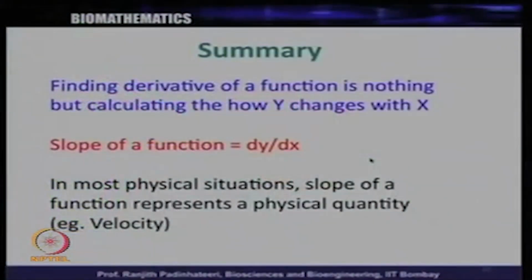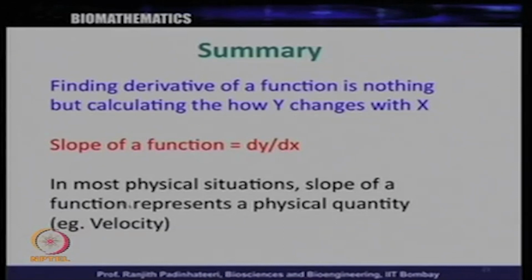Now let us summarize what we learned today. Finding the derivative of a function is nothing but calculating how y changes with x, and the slope of a function is nothing but dy by dx. If the change in x is dx and the corresponding change in y is dy, their ratio gives the slope or the derivative.